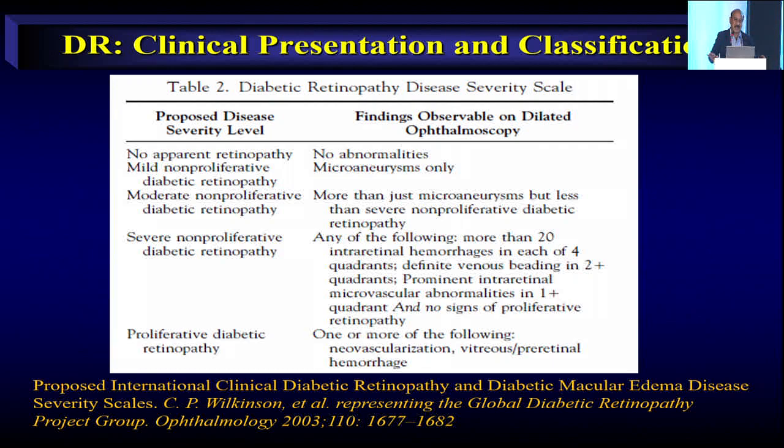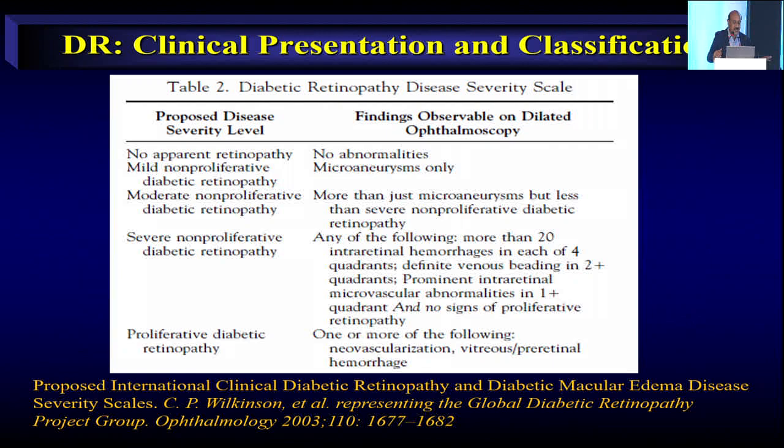If you do not find any signs of diabetic retinopathy, then you will say no apparent retinopathy. Mild non-proliferative diabetic retinopathy is microaneurysms alone, with absence of retinal hemorrhages, hard exudates, or any other signs like venous beading or IRMA.